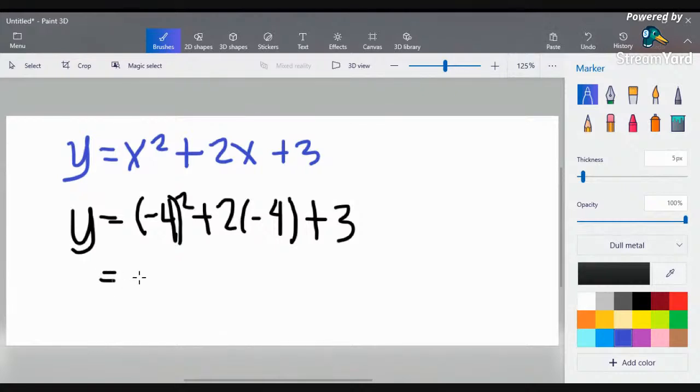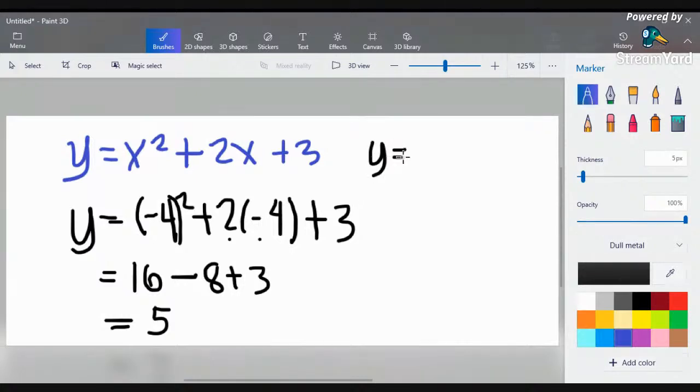So that is equal to 16 minus 8 plus 3. Minus 8 because 2 times -4 is -8. Therefore, your y is equal to 8 plus 3, that is 11. Okay, next, we have 0. For x equals 0, y equals 0 squared plus 2 times 0 plus 3, so y equals 3.